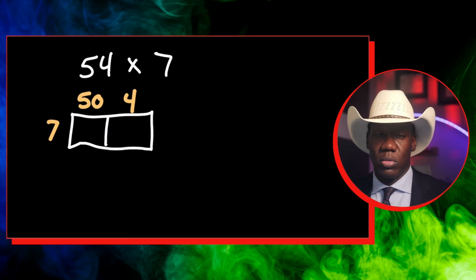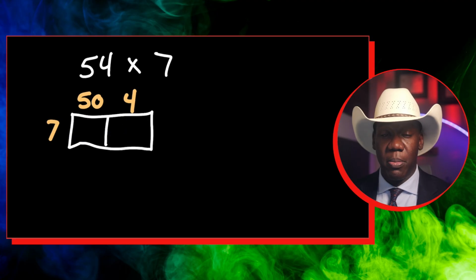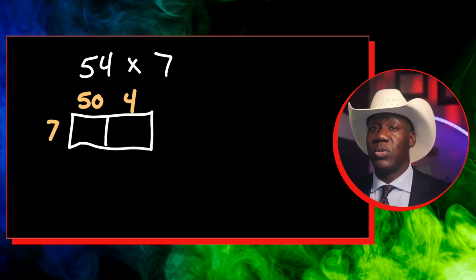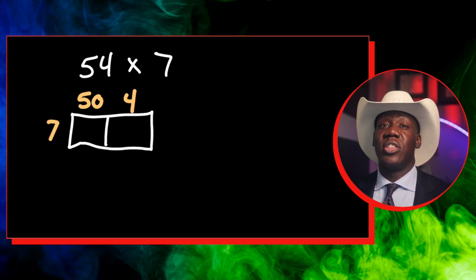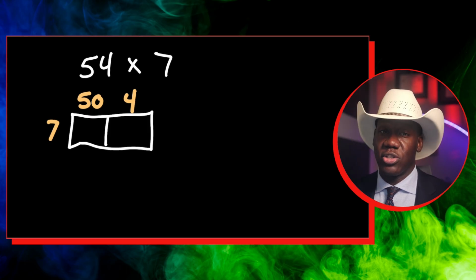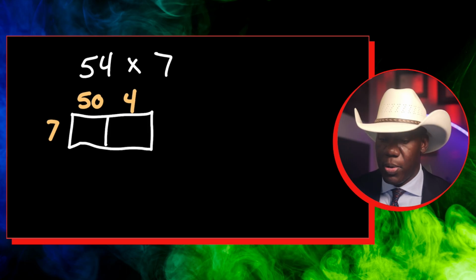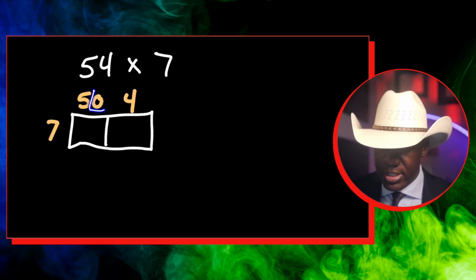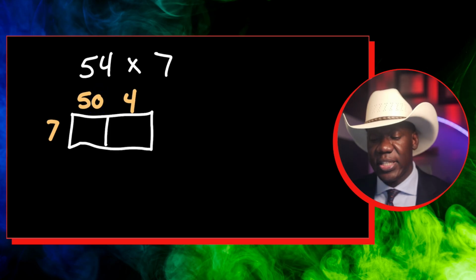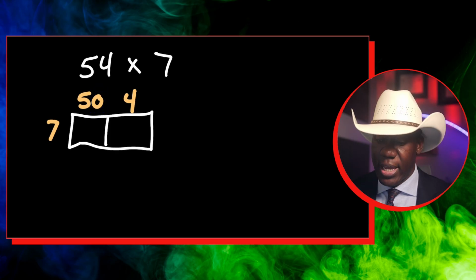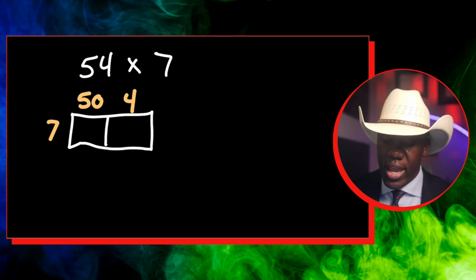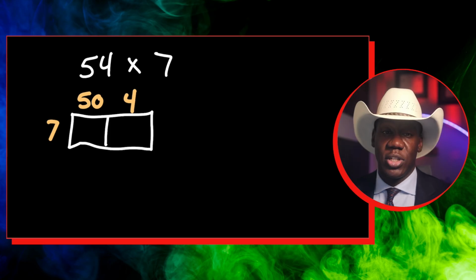So let's do the math. Remember, the trick to multiplying numbers that end with zeros is to add those zeros at the end of our answer as well. If you pay attention to this number, 50, notice how it has this 0 at the end. Anytime you're multiplying by a number that has zeros at the end, you will add those same number of zeros at the end of the answer that you get.